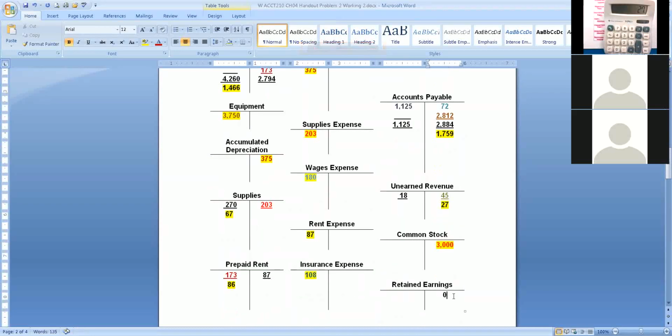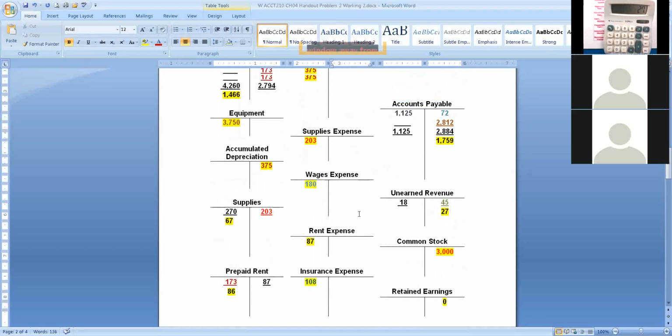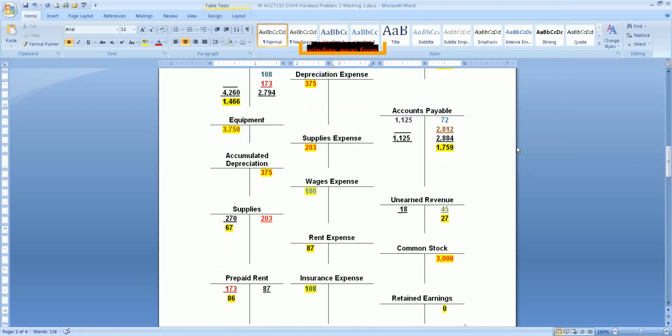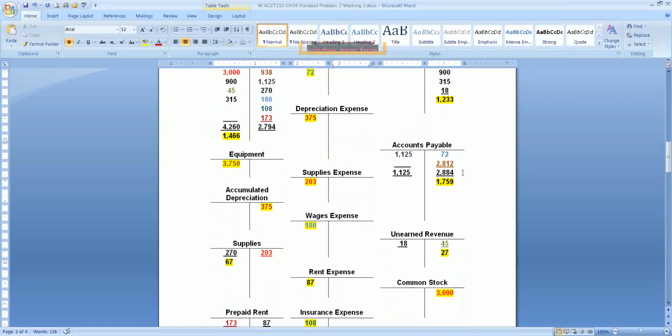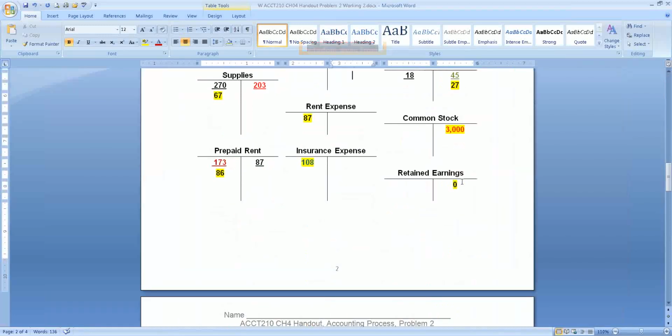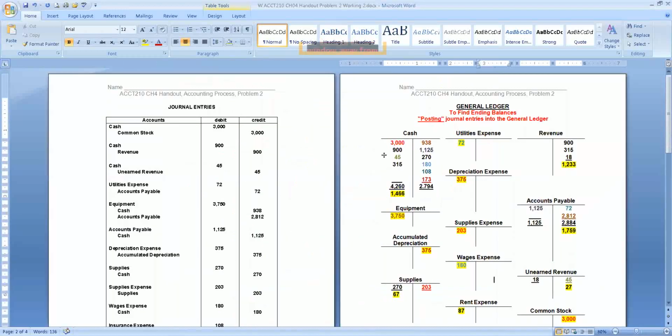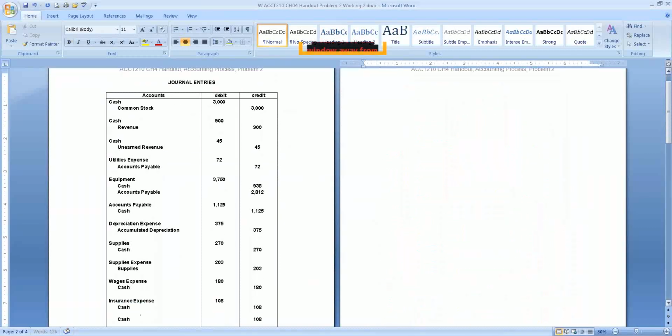Retained earnings is 0. Do you need to put that in? No, not really. Okay, so this is our general ledger, and we're going to want to transfer that to the other sheet.